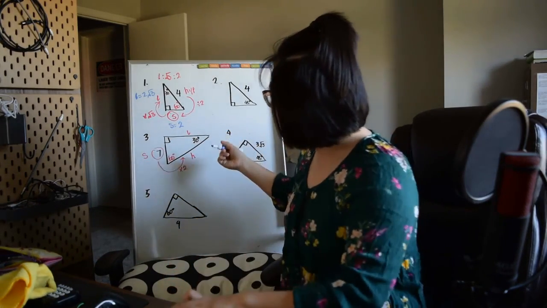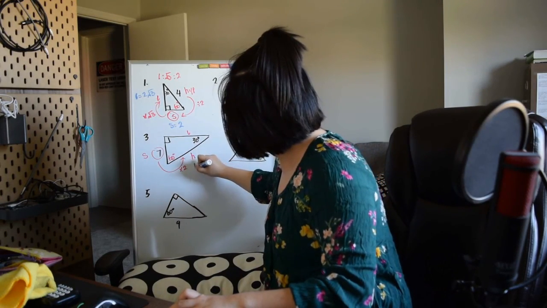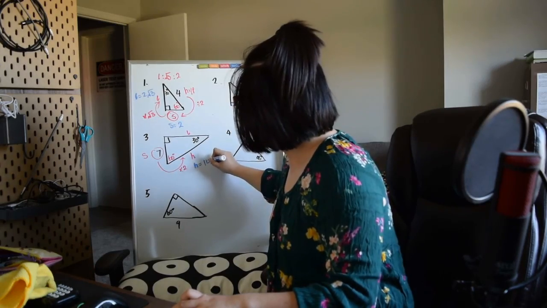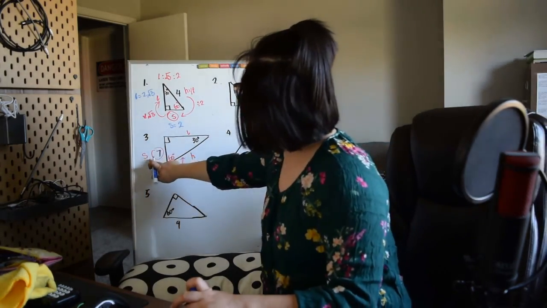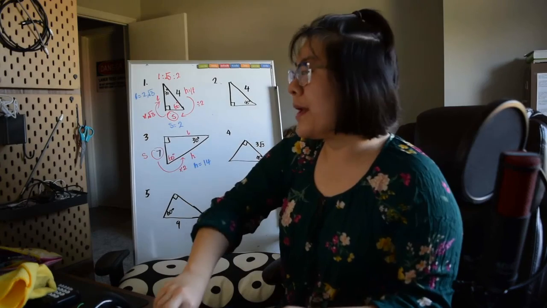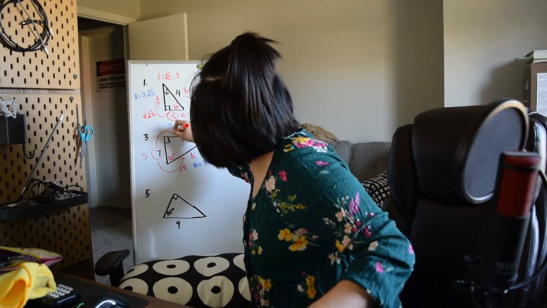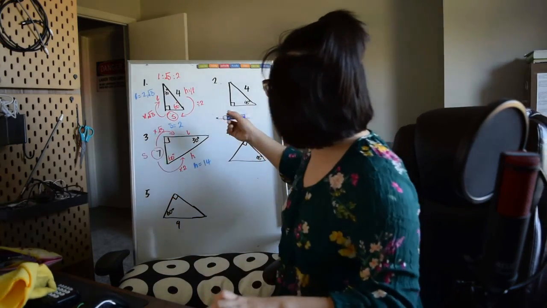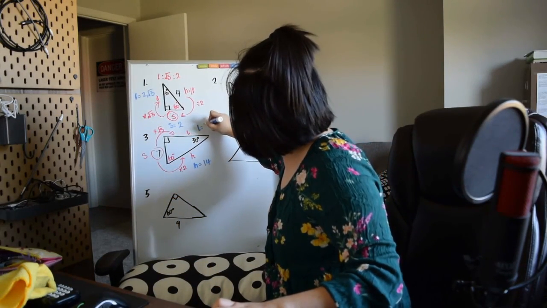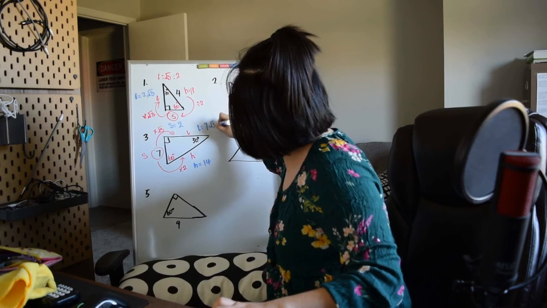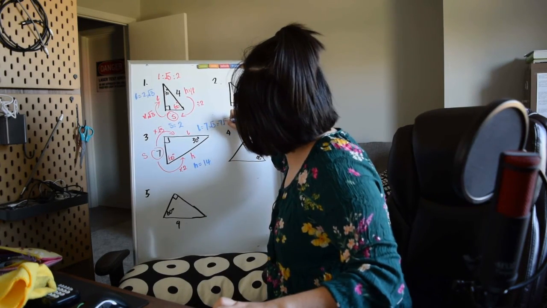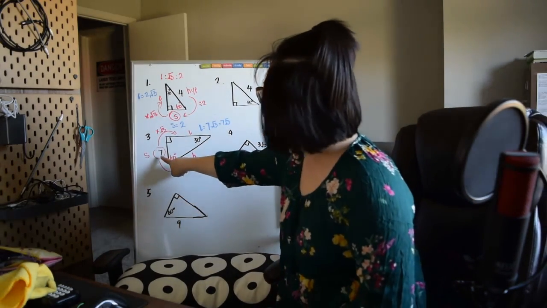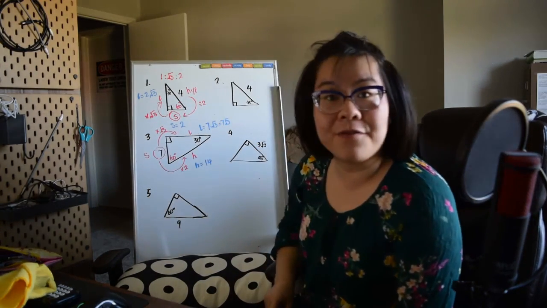So the hypotenuse is 7 multiplied by 2, 14. And from the short leg to the long leg, we multiply by radical 3. So the long leg is 7 times radical 3, it's just 7 radical 3.